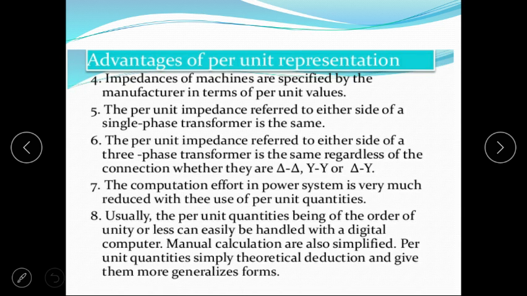Next is, the computation effort in power system is very much reduced with the use of per unit quantities. Next is, usually per unit quantities being of the order of unity or less can easily be handled with a digital computer.